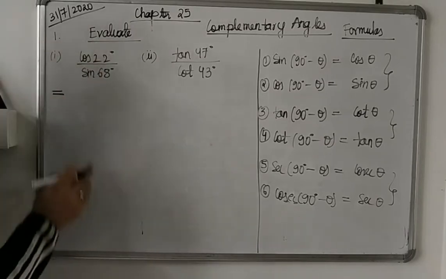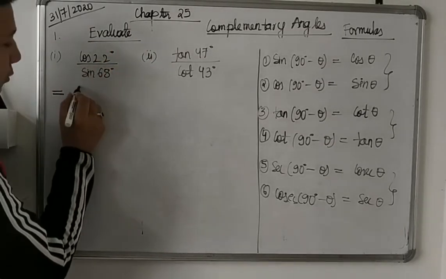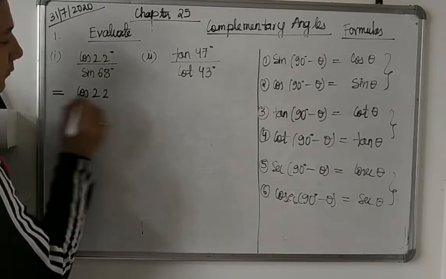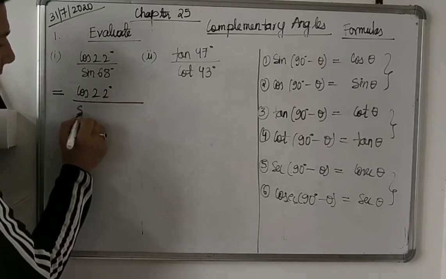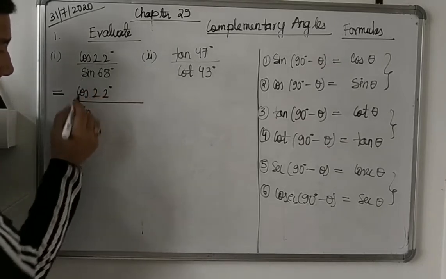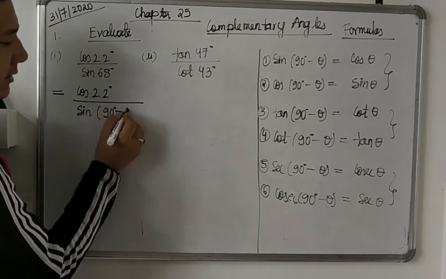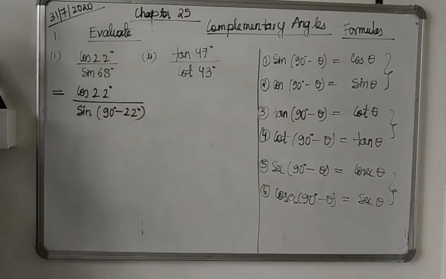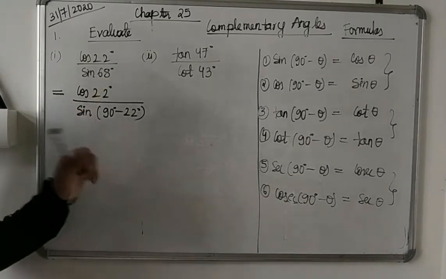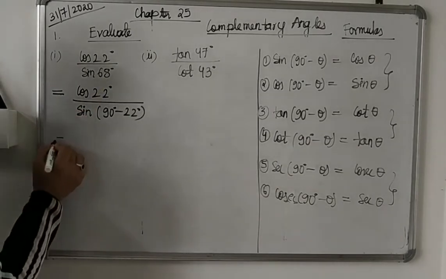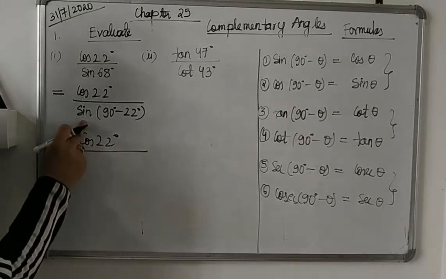We have to evaluate, which means we have to find the value. Simplify this. So, cos 22, keep it as 22, and sin 68. Sin remains as sin, but can I write 68 as 90 minus 22? Now, what do I have in the first formula?